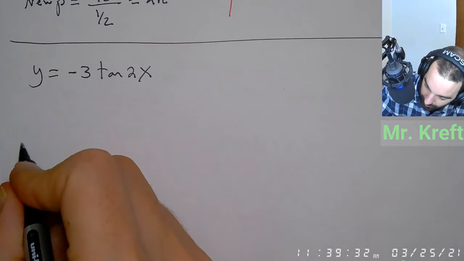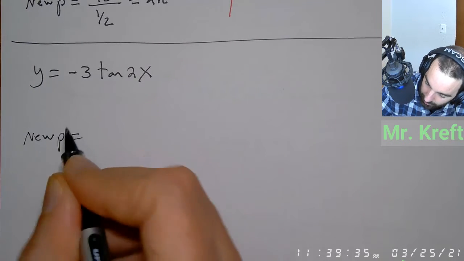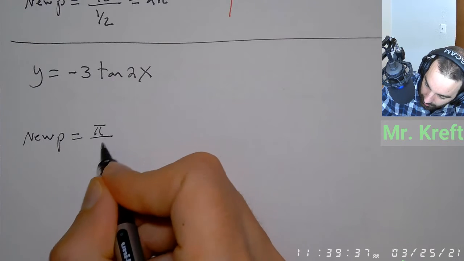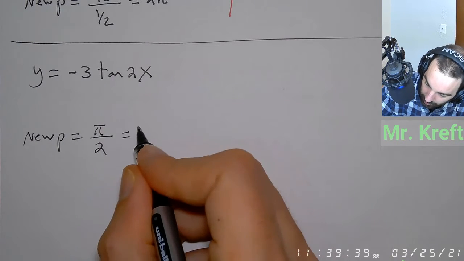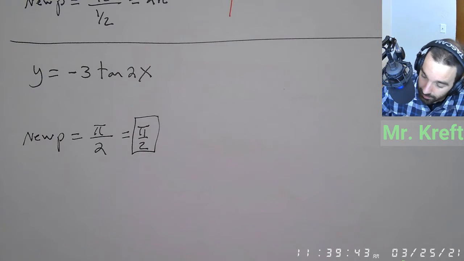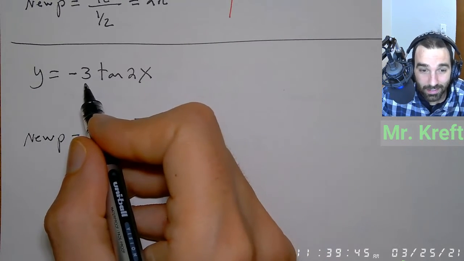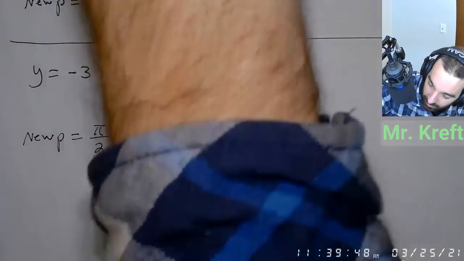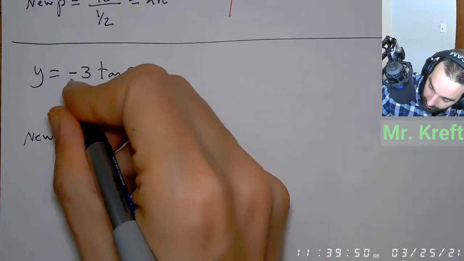So again, my new period is going to equal my old period over my b. So that's going to be pi over 2 is my new period. The amplitude really doesn't mean anything, but the negative does.